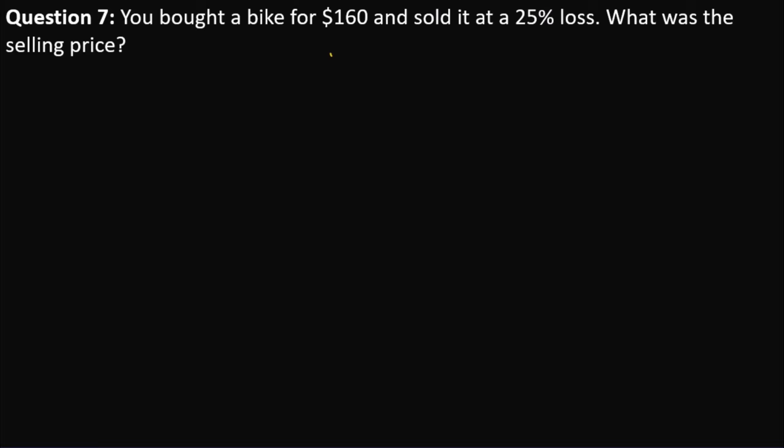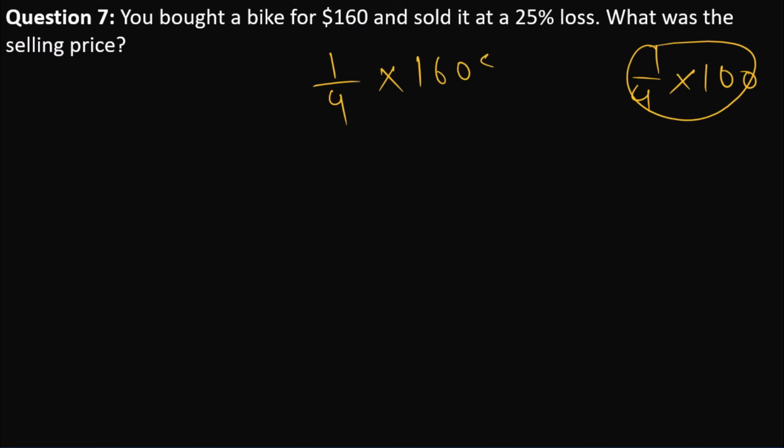We can actually do this: 25% is 1/4 of 100. So we can directly multiply 1/4 times $160. 4 goes into 160, it's 40.